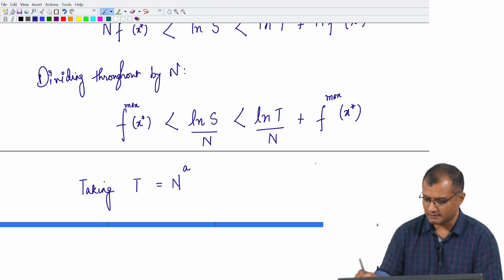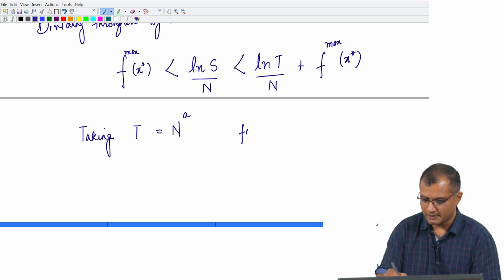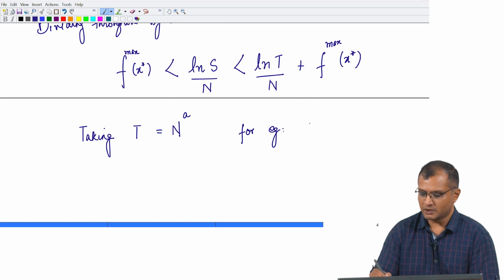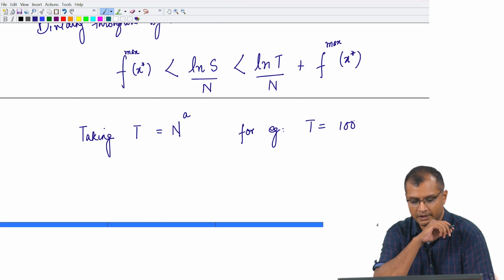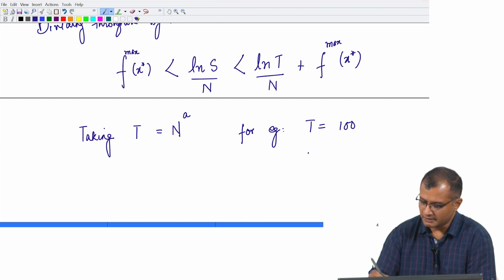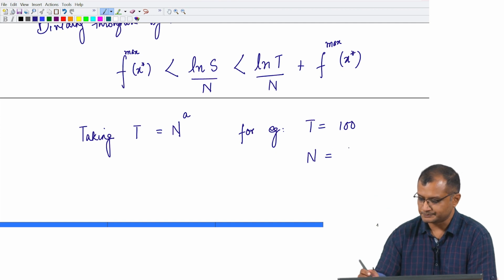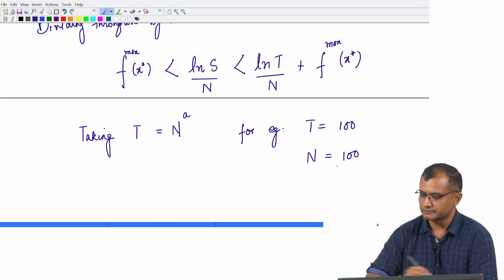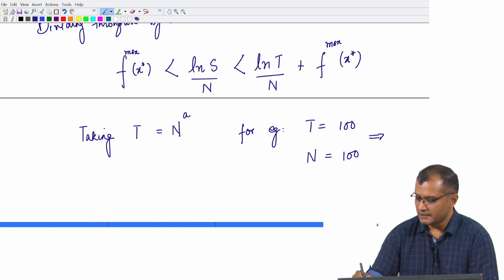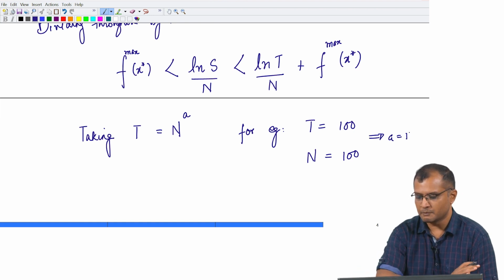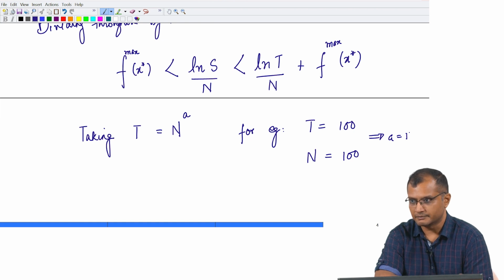Suppose you take for example, you have total 100 terms, and your big N is 100, then I know A is equal to 1, because 100 to the power 1 is 100.